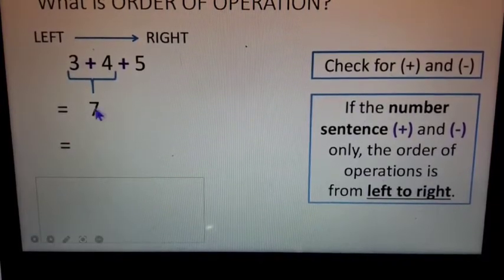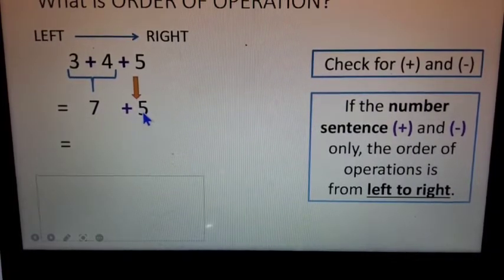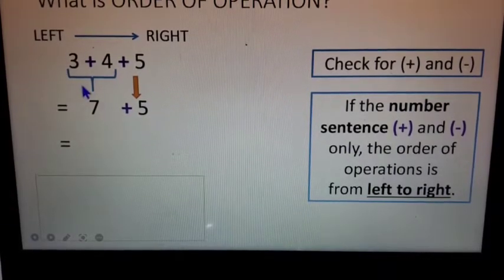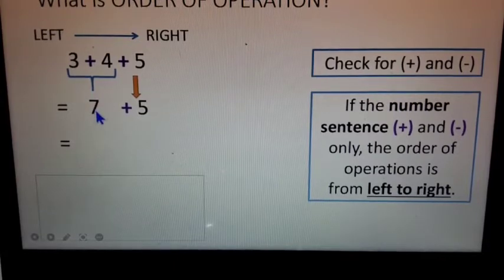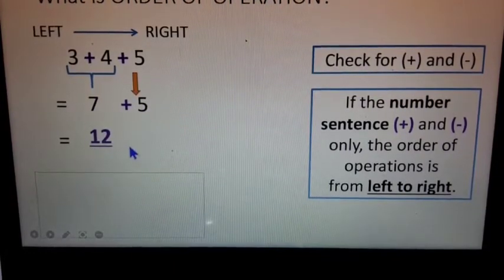Okay. So dari 7 yang kita campur tadi, I bring down plus 5 lagi, because plus 5 belum diselesaikan. Pasal kita start dari kiri tadi kan. So again, 7 plus 5 equal 12. Alright.